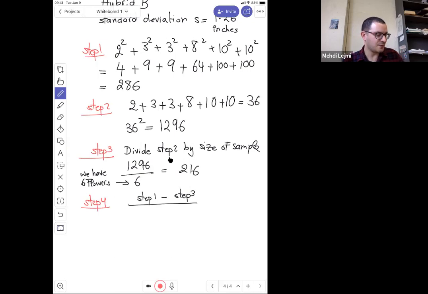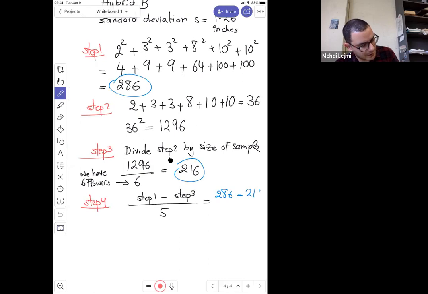And then, as I said, divide by not 6, we need to subtract 1 from 6. So it's 6 minus 1, so we are supposed to divide by 5. Step 1, we got 286. Step 3, we got 216. So we divide by 5. So that will be your variance.